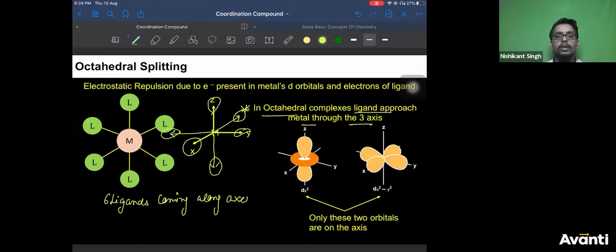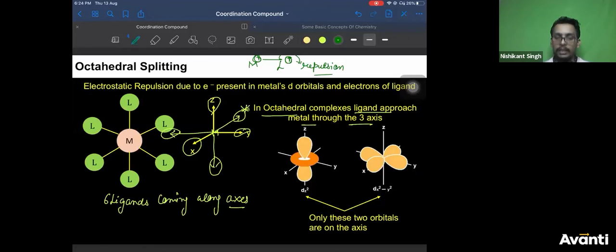This is very important. So what happens then? We are saying ligands are coming along the axis and ligands contain electrons. The metal d orbitals also contain electrons. So the ligand electrons and metal electrons experience repulsion. Correct?